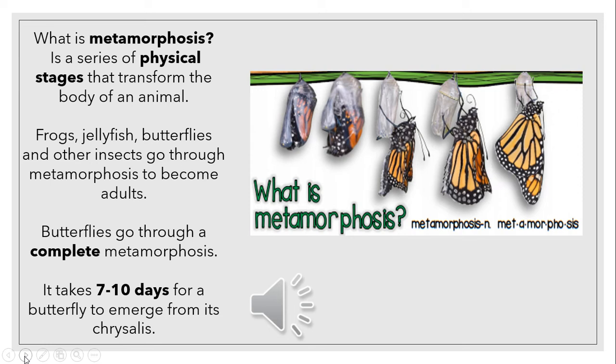That means the caterpillar completely changes to become a butterfly. It does not look like a caterpillar at all after it completes its metamorphosis. It takes 7 to 10 days for a butterfly to emerge from its chrysalis. So that means it takes 7 to 10 days to completely change.